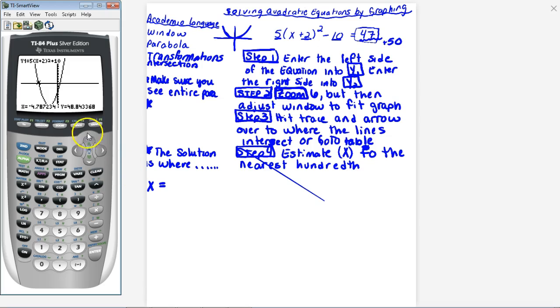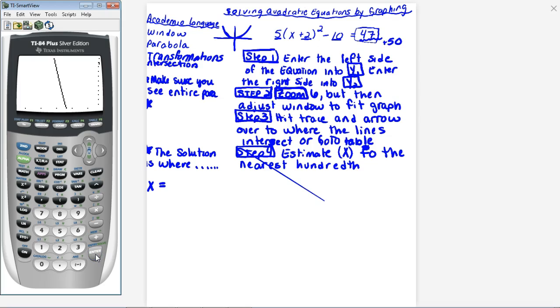Okay, there's y is 48, so it's above. Now y is 55, y is 43. So 48 is pretty close, but I am going to zoom in once to see if I can get a little bit closer, and you'll get a better answer the more you zoom in.